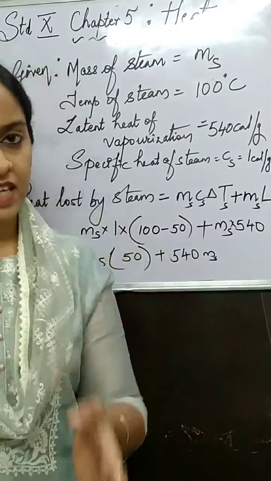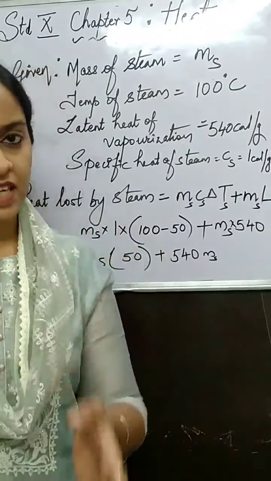150 was the mass of water. Water's specific heat is 1. Delta T we had got as 50 from the previous part, plus the mass will remain the same, 150, and the latent heat of fusion of ice was 80, is equal to the mass of steam, which we don't know, so ms will remain as it is.